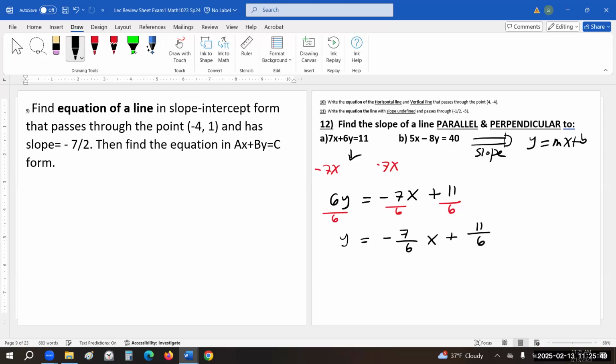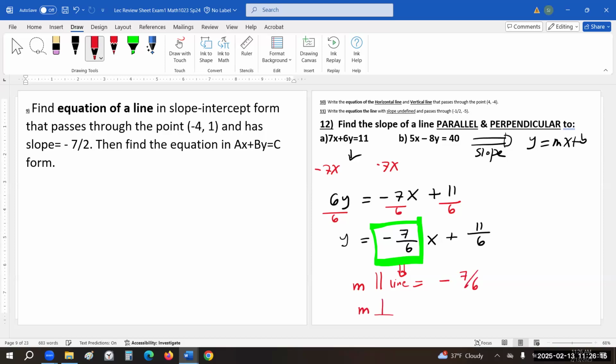Now in here, the only thing we care is the slope. That will help us to identify the slope of the parallel line. What is the slope of the parallel line? Same thing, negative 7 over 6.